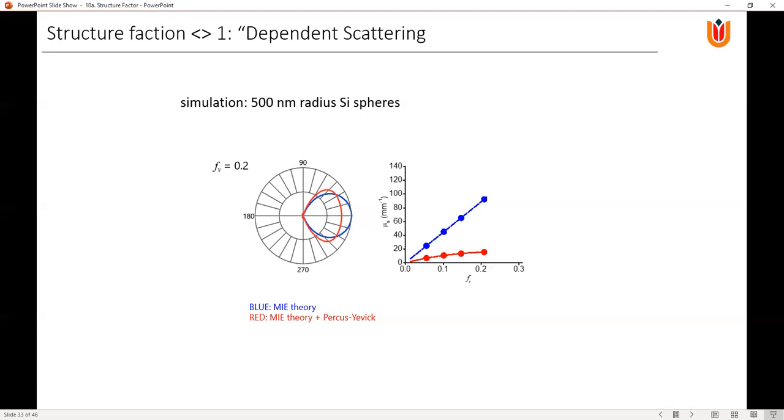It's a little bit subtle, but what do you notice about the red line? We have less scattering compared to without the interference. So what you see here, at least now, is that it still increases.